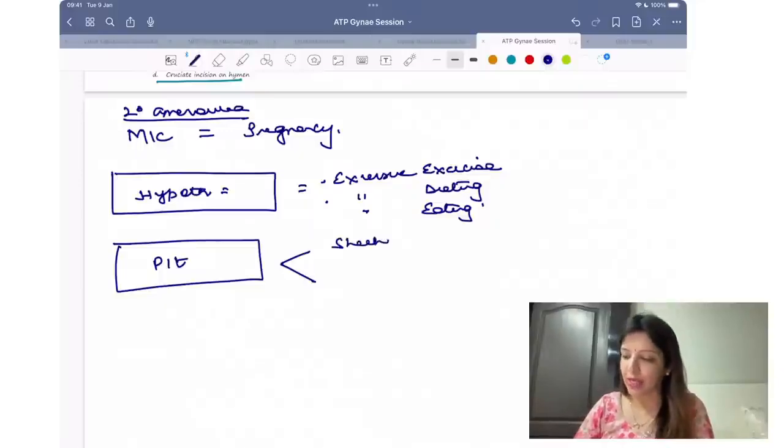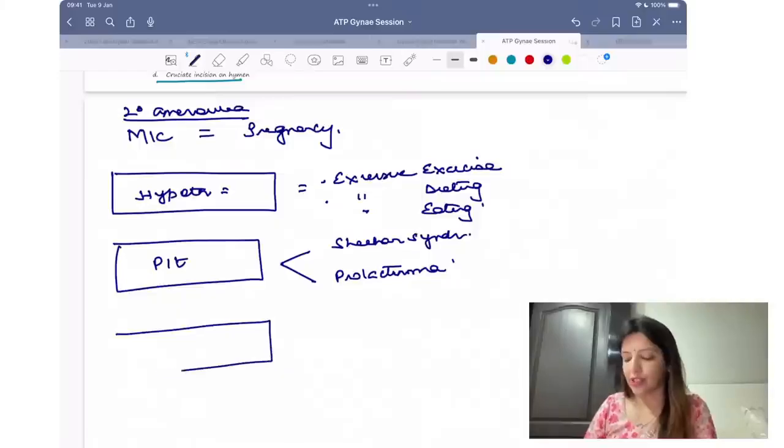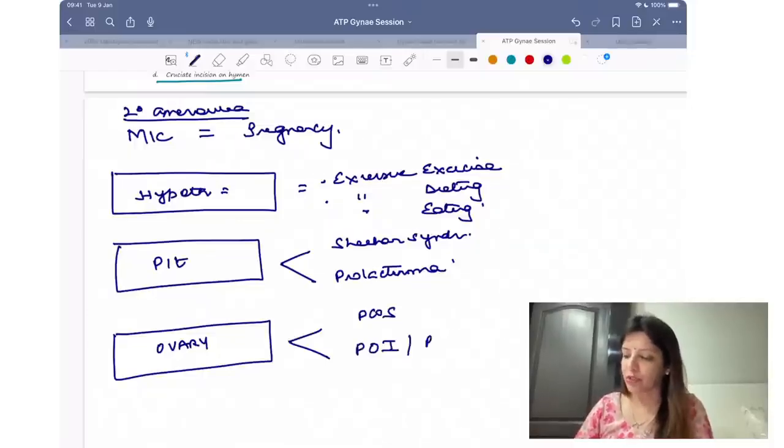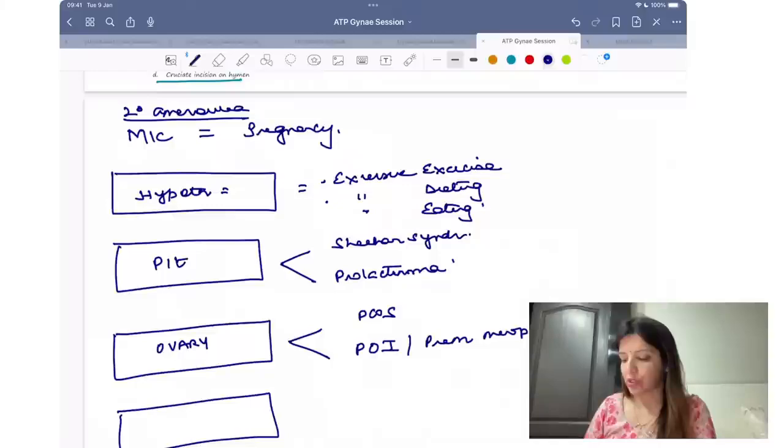One is Sheehan syndrome and the other one is prolactinoma. Then causes related to ovary. Causes related to ovary भी दो हैं, PCOS and premature menopause. Then cause related to uterus. Cause related to uterus is Asherman syndrome.